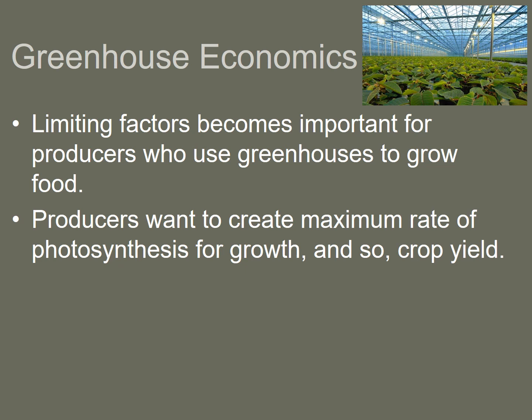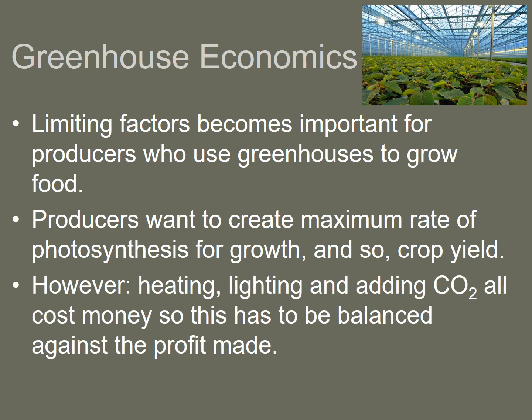You could also heat the greenhouse and you could add more carbon dioxide, but all of those things are going to cost you money, and so you have to balance the cost against the profit that you're going to make from your crop. And so there'll be a point which you won't go beyond, because if you do, you will end up growing your crop at a loss.